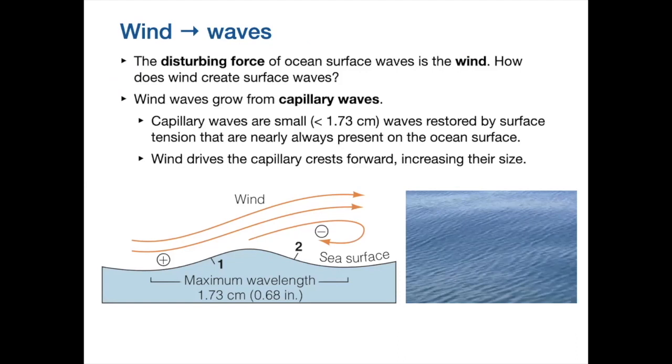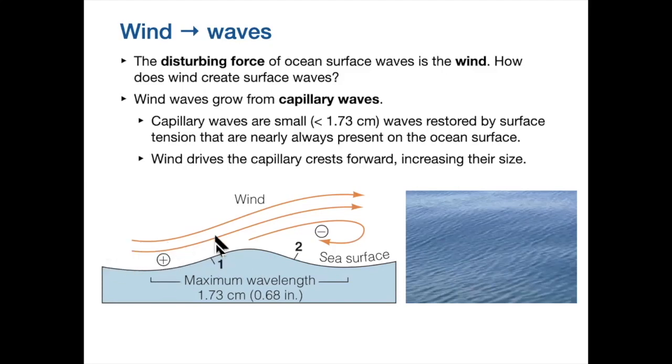The process by which wind waves are formed in the ocean is we start off with a flat surface, and then the wind blows over that. Just the friction of the wind on the surface will start to essentially crinkle up the surface, so we form capillary waves that way. Once a capillary wave is formed, now we have a structure that the wind is pushing against.